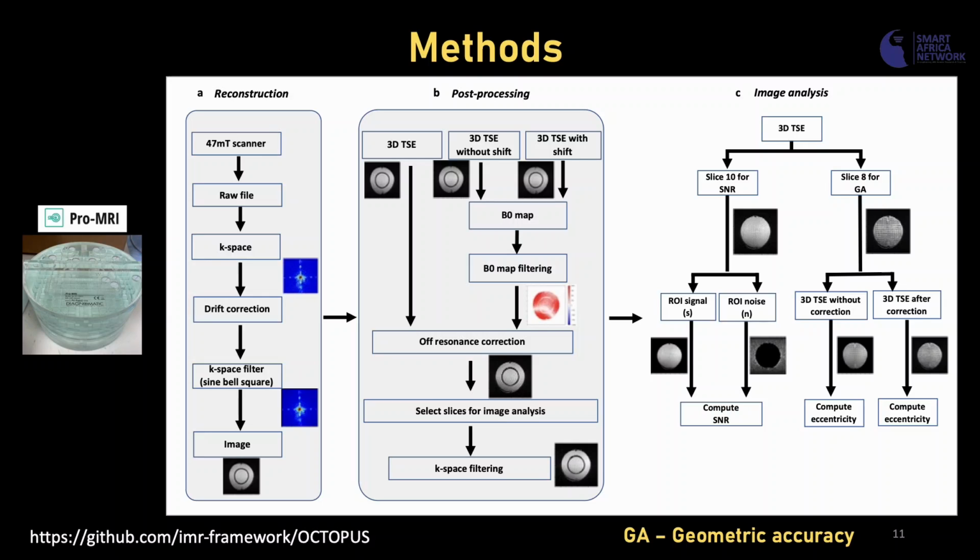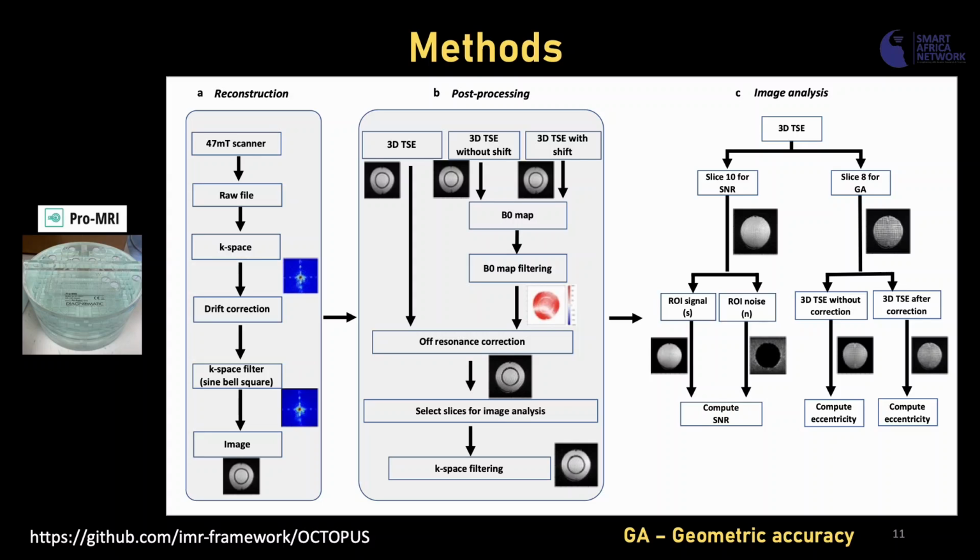And here's an overview of the different parts of our pipeline. The reconstruction was mostly about drift correction and filtering k-space. The post-processing involved off-resonance correction using conjugate phase reconstruction and using the B0 maps.